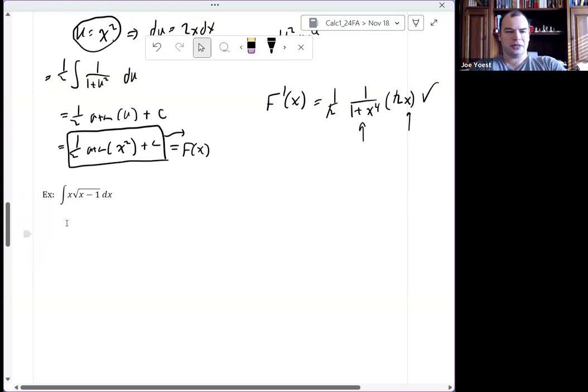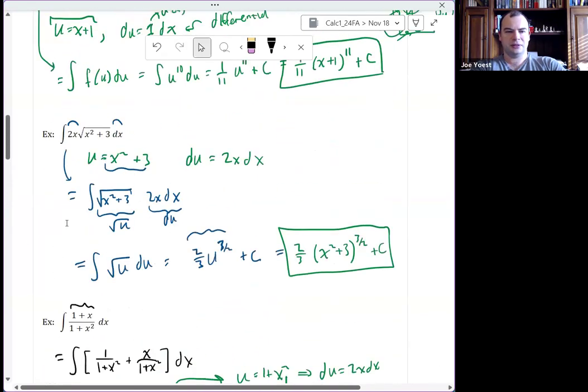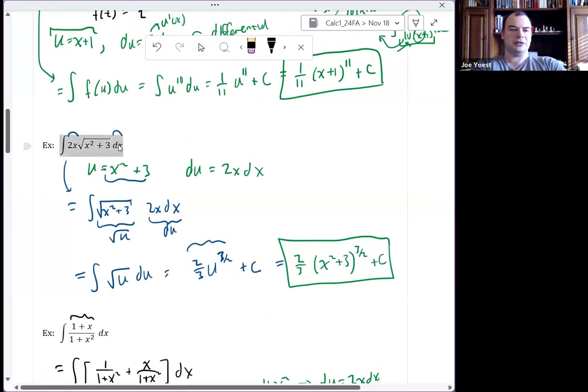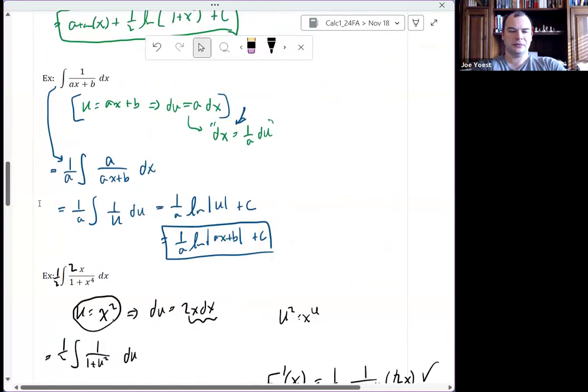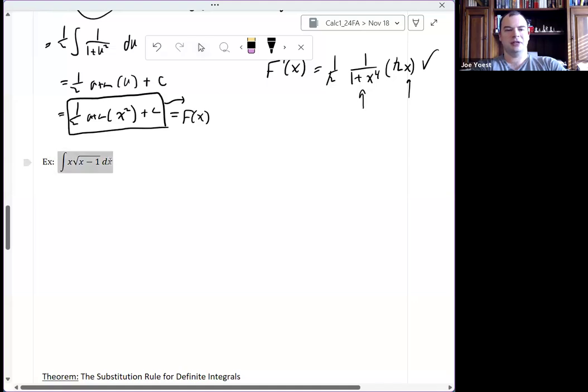Now this one looks pretty similar to this one, right? Here we basically have square root of x times square root of x squared plus number. Here we basically have square root of x times square root of x plus number, essentially. The main difference is I don't have a square on that x under the radical.